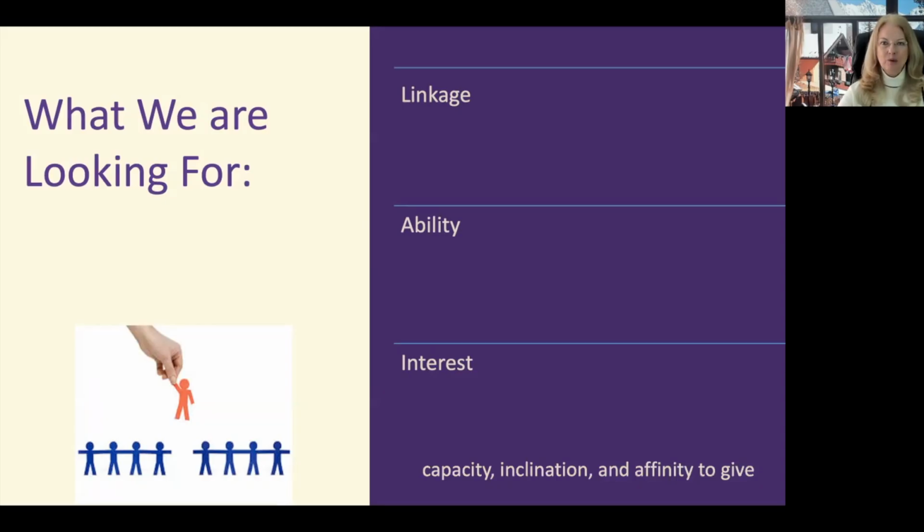So basically what we're looking for: do they have the capacity? Do they have the inclination and the affinity to give? And not that you can't talk to people that don't fall into this, because they may know other people. So that's the question that you want in that part of your conversation.